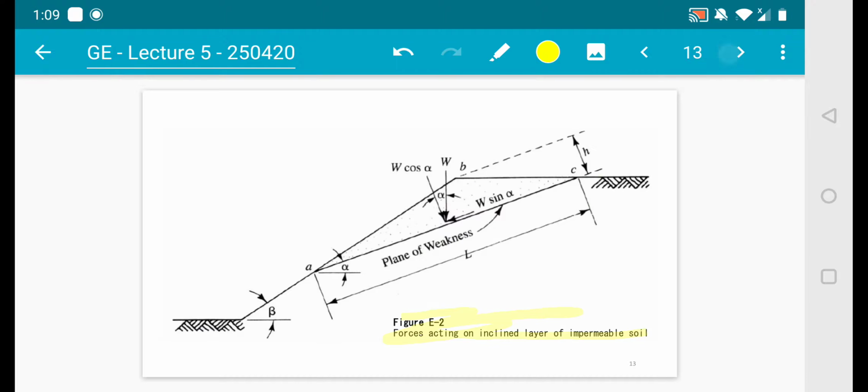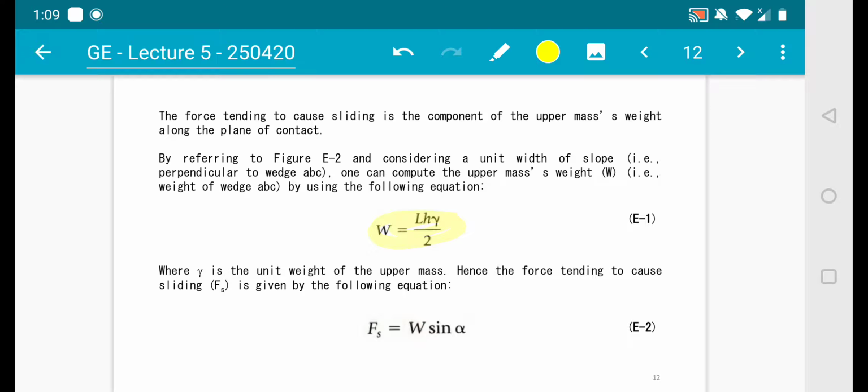So the W is given by this equation, E1, where gamma is the unit weight of the upper mass. Hence the force tending to cause sliding is given by the following equation. So this is the force tending to cause sliding, which is given by equation E2. So you have the weight, W, and you have your force by the weight.